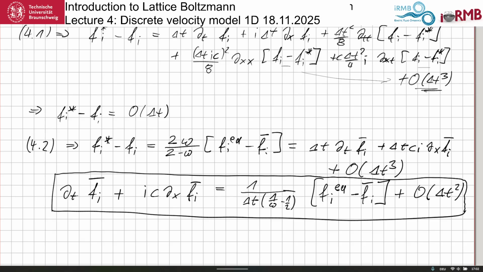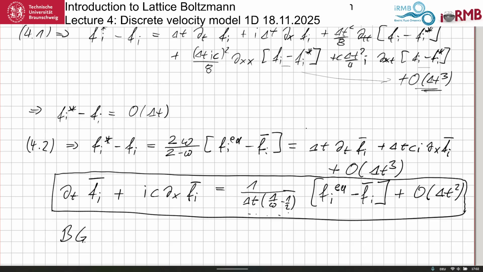So it's as accurate as a low order Runge-Kutta scheme where you actually have to calculate one intermediate step. Yeah, so your intermediate step is kind of the streaming that you have to do. And other than that, we get here a little bit of modified thing in front of this collision operator.